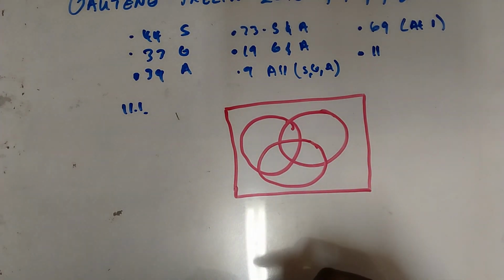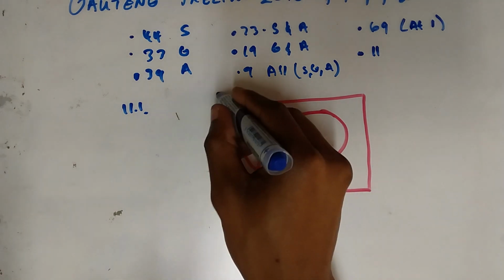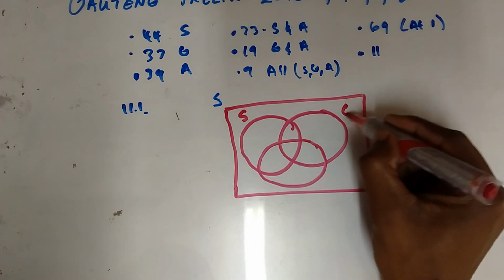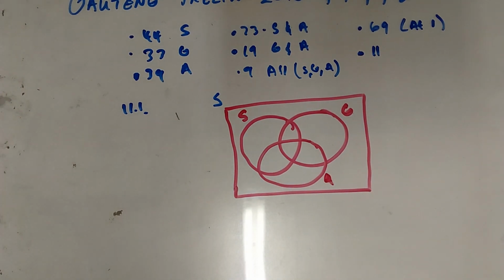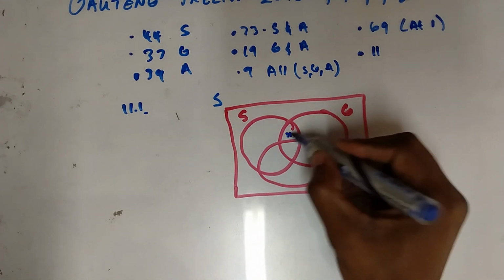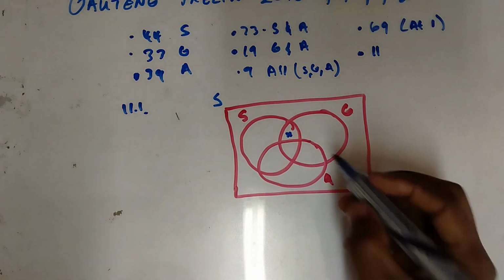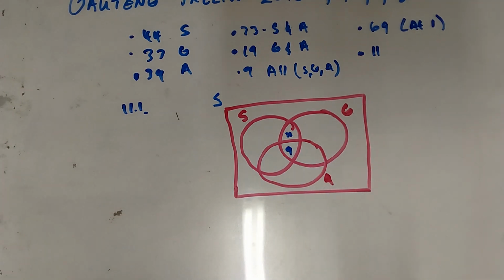This is the sample space, and this represents swimming, gymnastics, and athletics. The participants in swimming and gymnastics only are represented by X. This here is 9, because these are all the people who participated in all 3. So we need to find these other values.